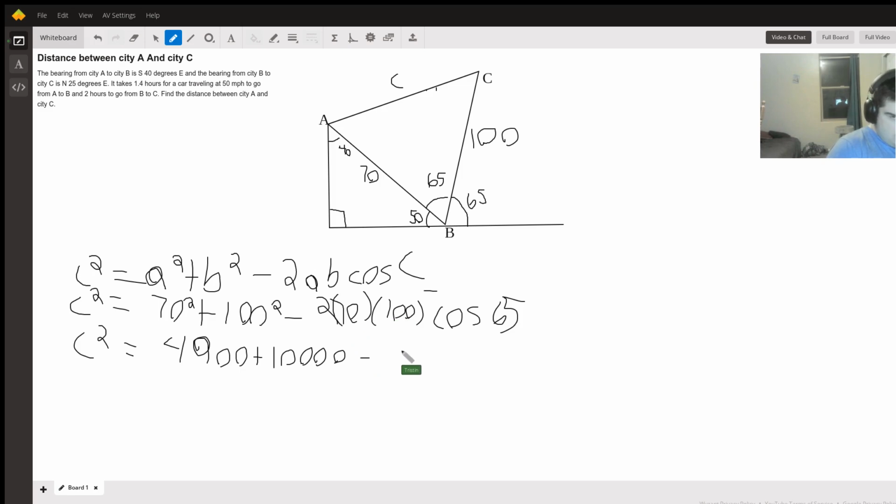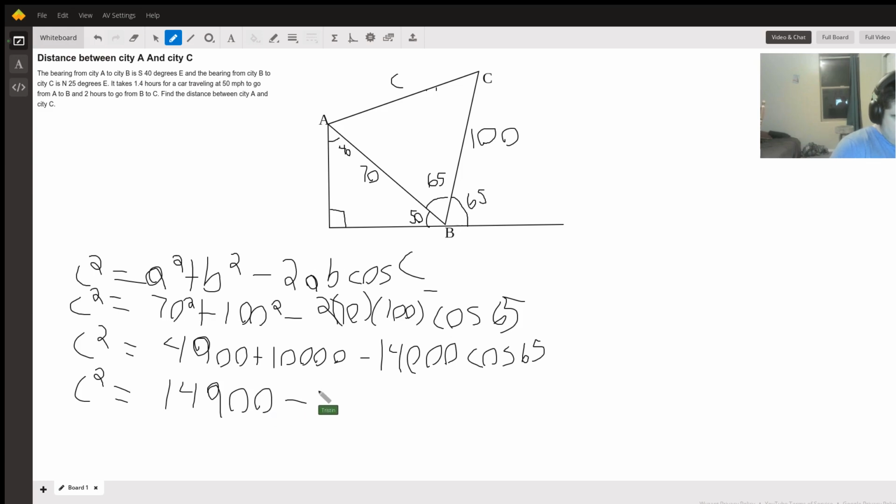Minus 140 times 100, which is 14,000 times the cosine of 65 degrees. So we get that C squared is equal to 14,900 minus 14,000 cosine of 65.